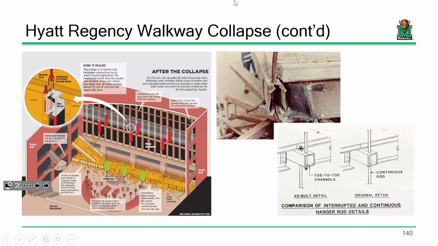I say channel, but really what they did is they had 2 channels, with a bead of weld running in between them, and that's really what failed, just ripped right through that. Yes, sir? Why would you ever put more stress or tension on a weld? It shows that the rod is going right through the weld.